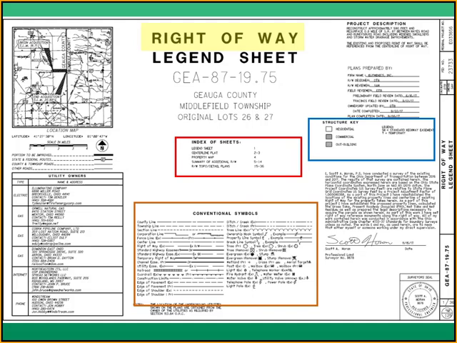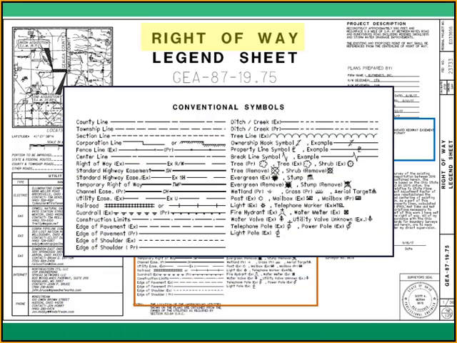I've outlined in brown conventional symbols. These will be important to interpreting the right-of-way plans, and I'm going to blow that up. Here's the blow up. So we've outlined in yellow things that you're going to see a lot, and you're going to see that there is a dashed line with an EXR/W. That means existing right-of-way. So the existing right-of-way lines that we're going to look at are slashed lines, dotted lines.